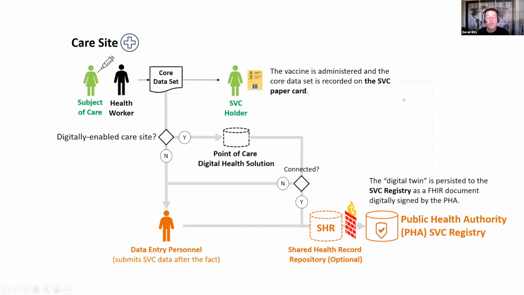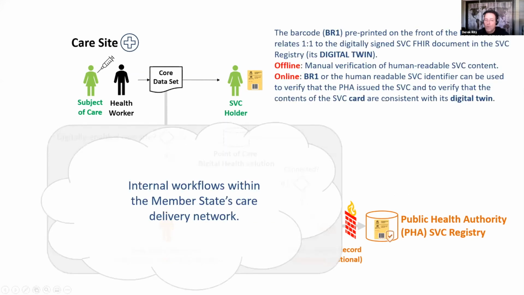If countries do have and have made investments in their digital health infrastructure, that can be leveraged. Notionally, there would be a public health authority that would operate an SVC registry service. As I said, that notionally would be outside of the care delivery network, on the other side of the firewall, because as part of validation workflows, somebody might have to hit that service who is not authenticatable as a member of the care delivery network.